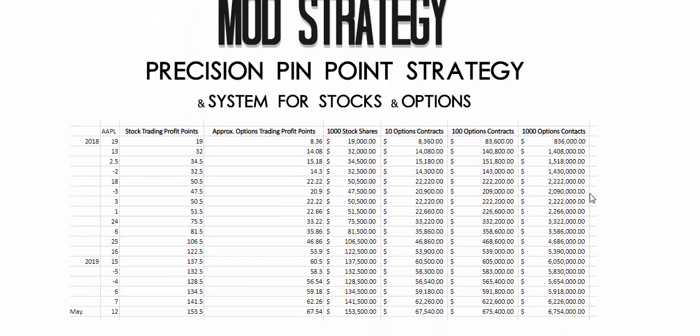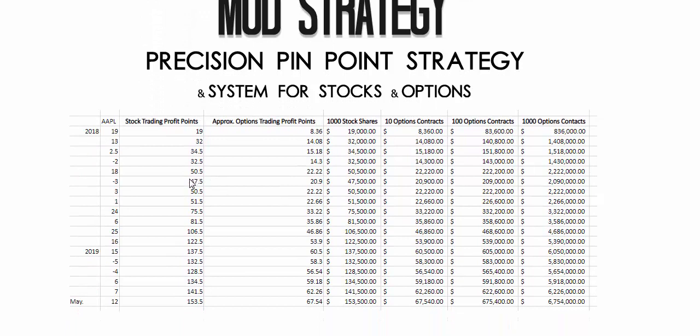Now, let's take a look at the types of profits here. We're looking at 2018 through May 2019 on this sample on Apple Computer. Now we see plus 19, plus 13, then a couple of scrappy scenarios which didn't progress.